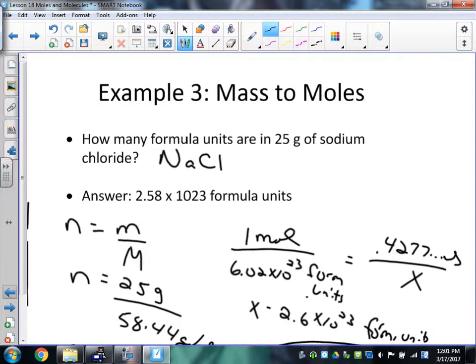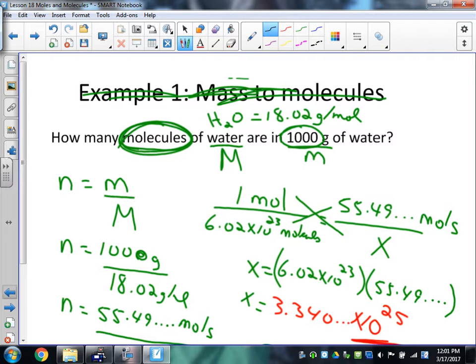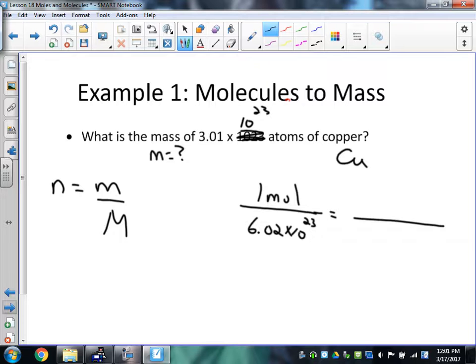The mass, yes, grams, correct? So we started here, yes? Because I know this. So I started there. But now look what they're telling you. Atoms. And it's a really big number, right?